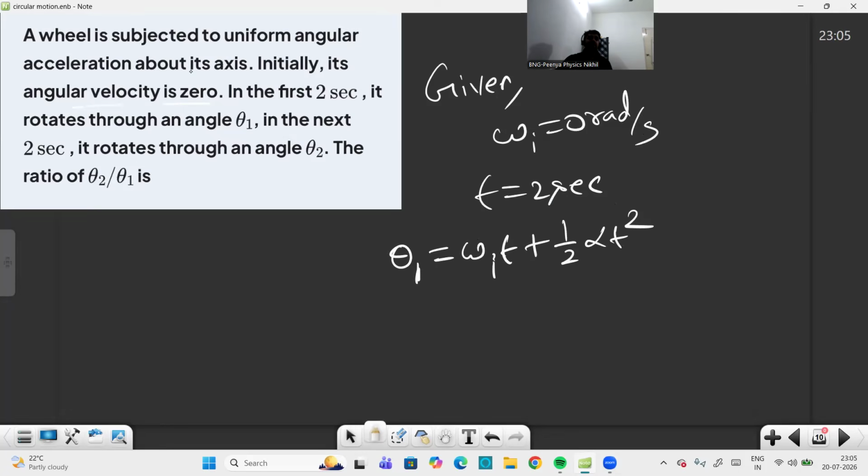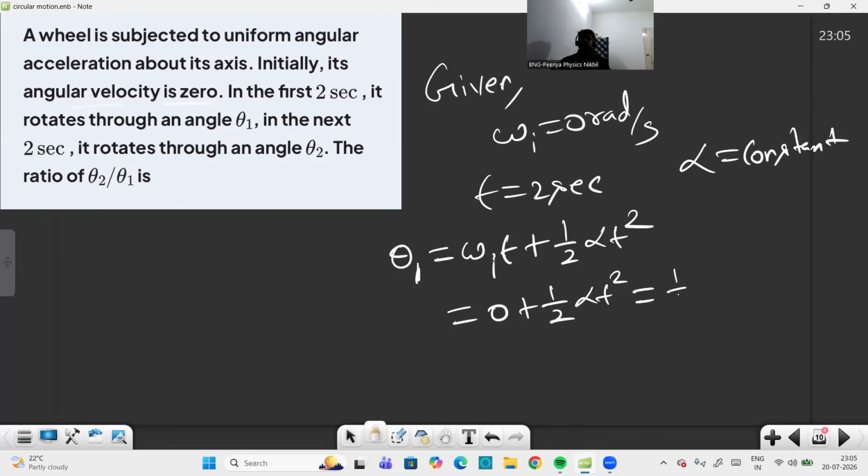And as it is uniform angular acceleration, so we will write 1 by 2 alpha. Alpha is constant. We don't know the value. So we'll write it is a constant, certain value. So we will put the value 0 plus half alpha t square. T value is 2. So 1 by 2 into alpha into 2 square. So here it will be 2 alpha. Theta 1 equals to 2 alpha.